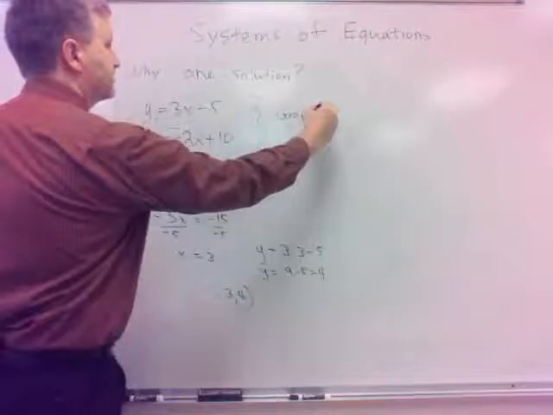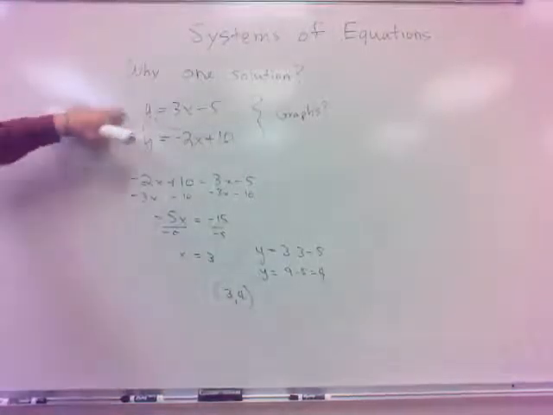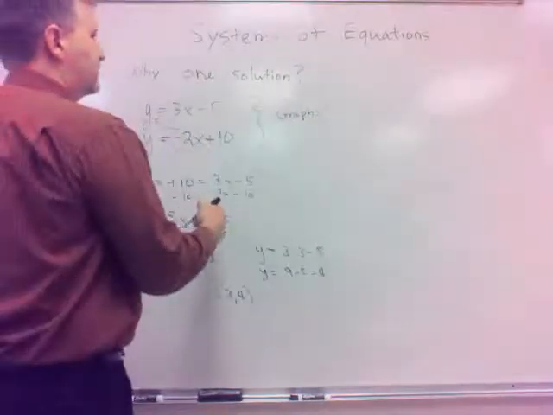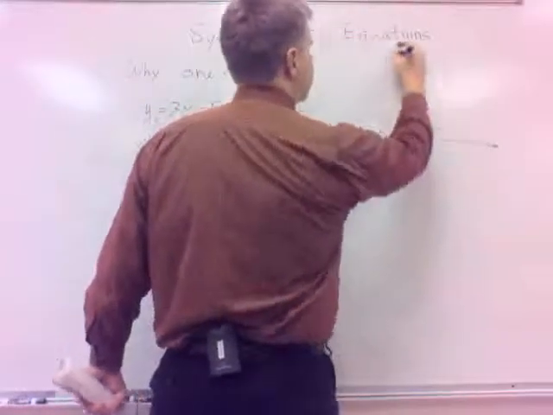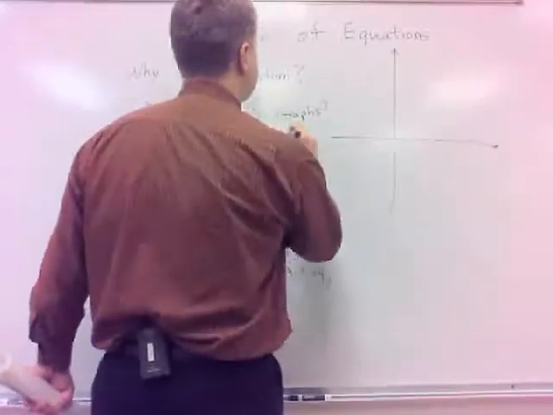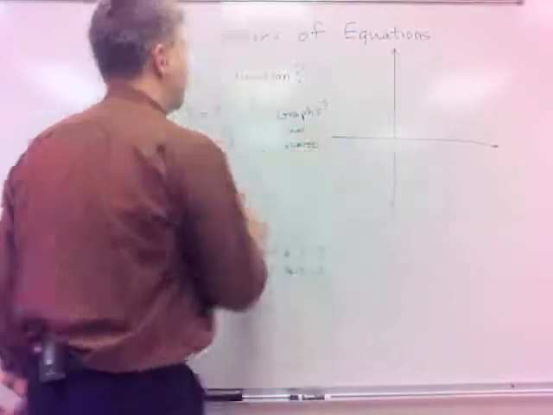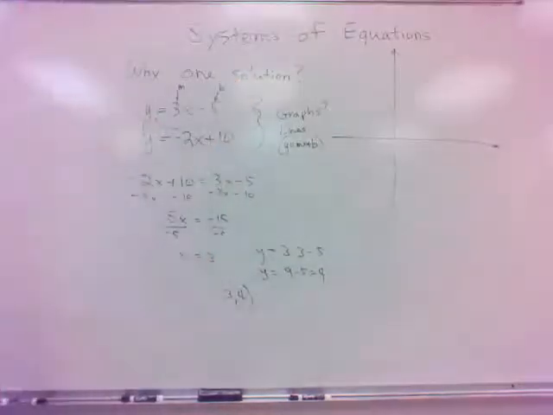graphing these things. What are the graphs of y equals 3x minus 5 and y equals negative 2x plus 10? What would they look like as graphs? Individually, these would look like lines. Both of these are in y equals mx plus b form, so let's graph those real quick. On the first one, we've got an m of 3 and a b of negative 5.